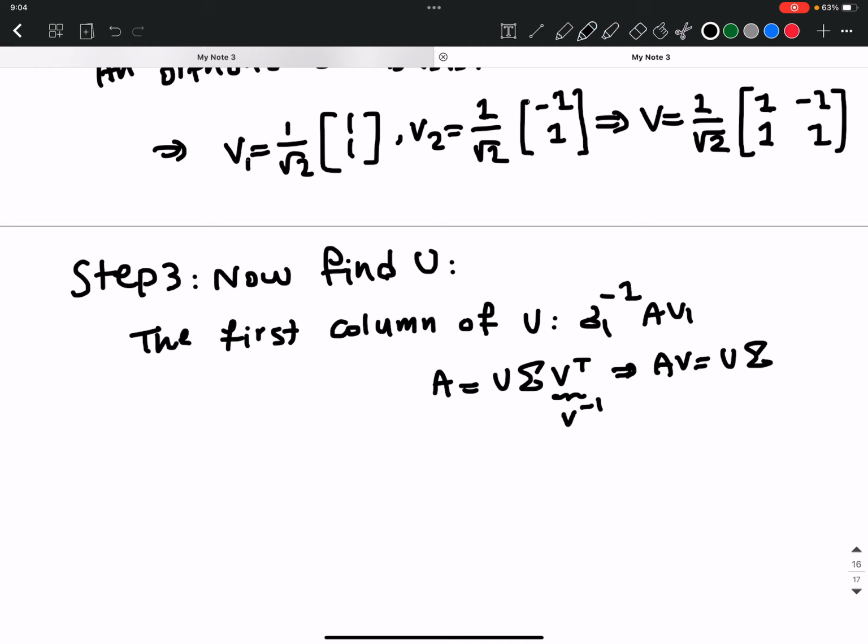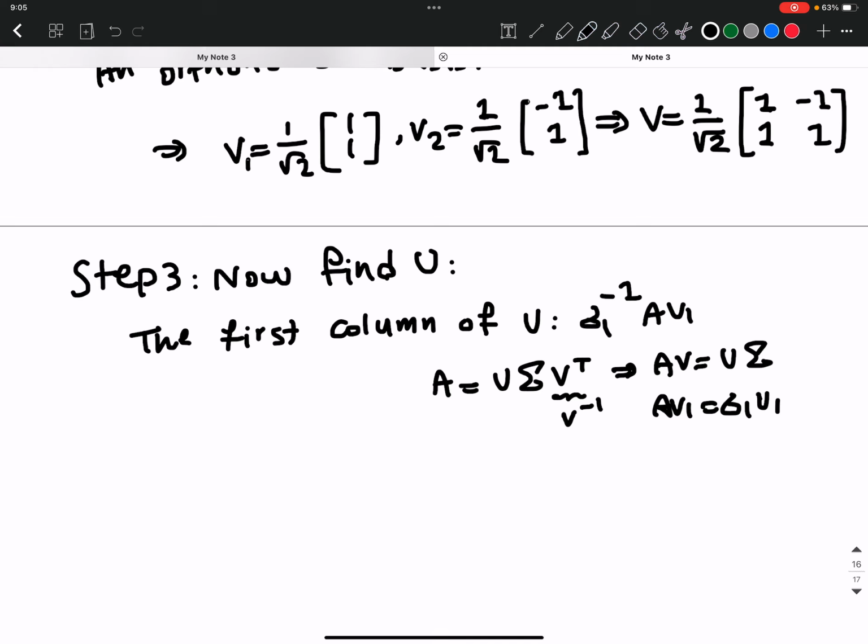So I can say that AV1 is sigma 1 U1. For just the first column, I can write it column by column, like AV1, AV2.